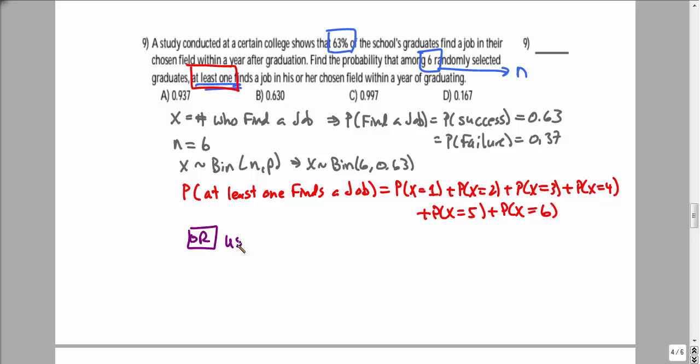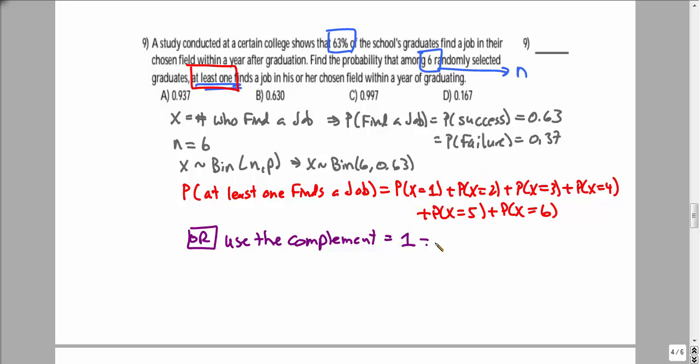use the complement. So if you don't like the idea of the complement, you're just going to go through and find the binomial probability for each one of these and add them up. Now the complement, the sum of all probabilities is 1. And so what I do is I take 1 and I subtract out basically the only one I didn't count here. So if we ask 6 people, I have 1 found a job up through 6 found a job.